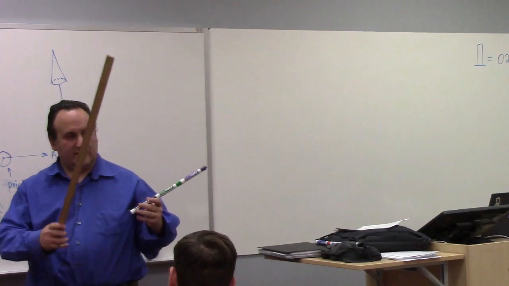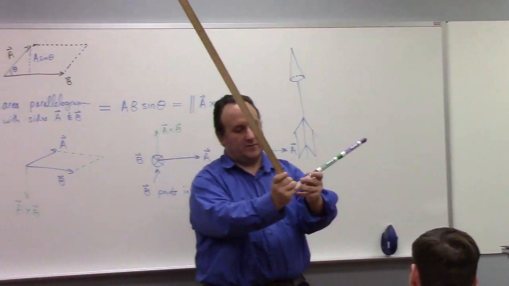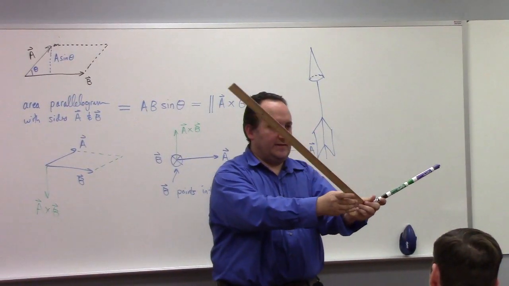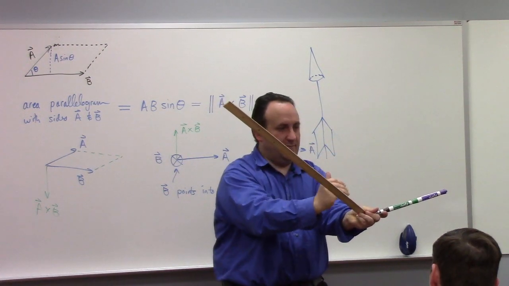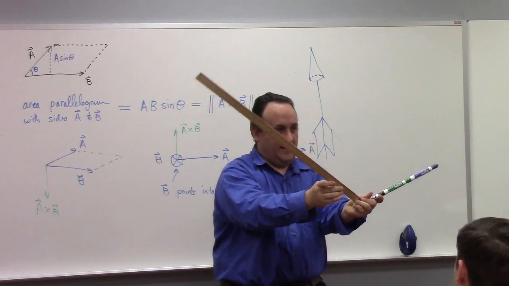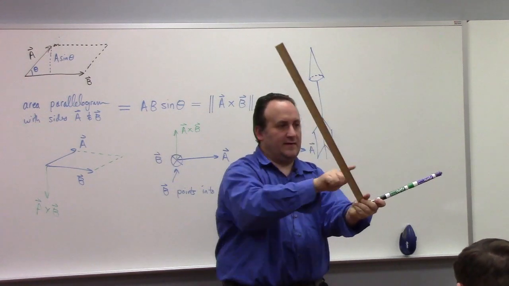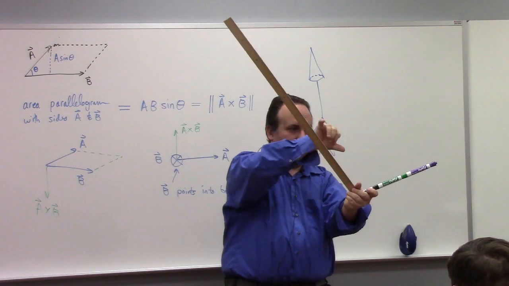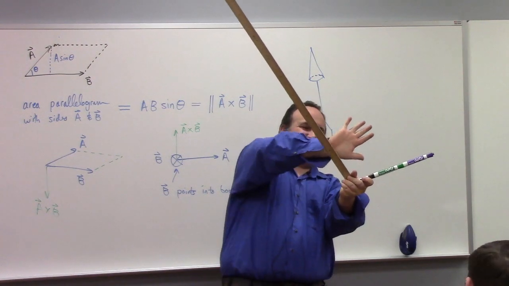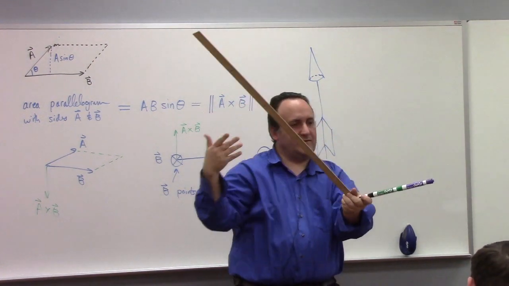So, to answer your question, if this is vector 1 and this is vector 2, if I put them like this, A cross into B comes back and pokes me in the head, right? On the other hand, if this is B and this is A and I do B cross into A, then I'm shooting Sam, I think.